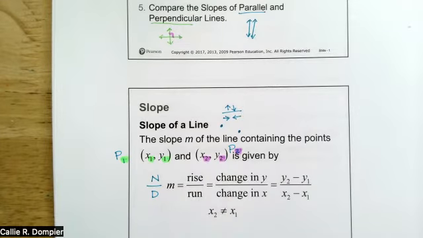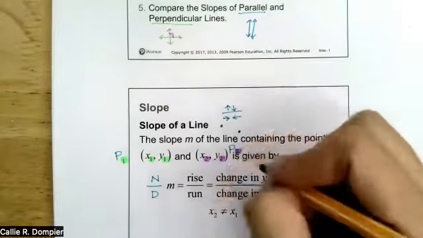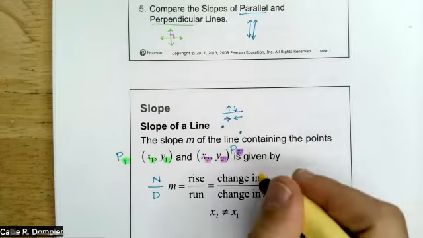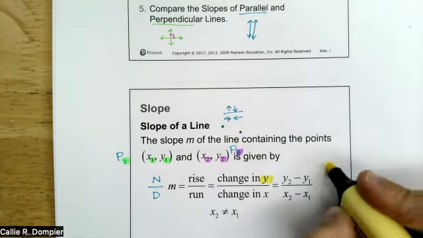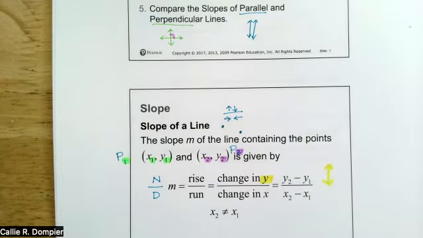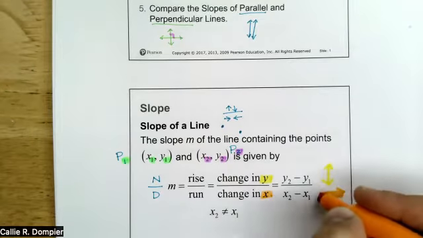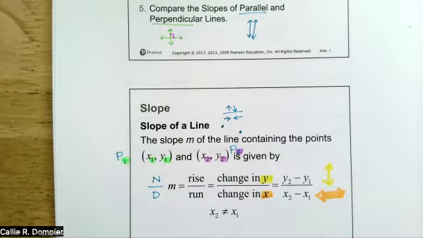Good. Y is the axis going up or down. So our y value is always up or down. Our x value is always left to right.